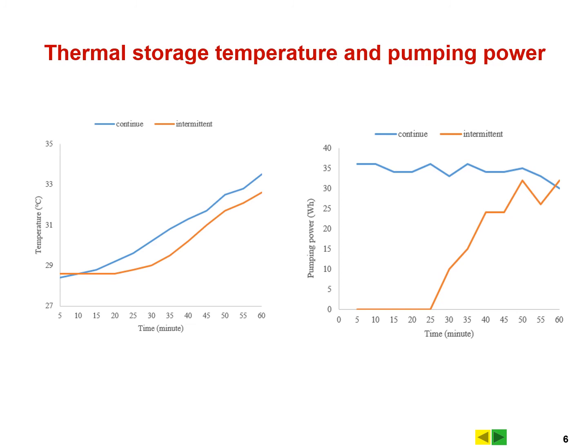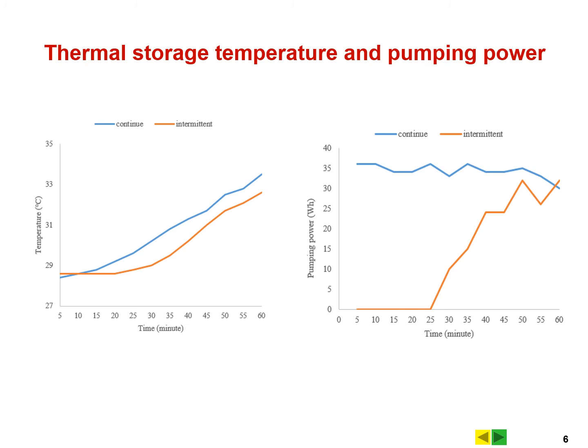Meanwhile, for the intermittent flow, the orange one, the temperature of the thermal storage tank started to increase after 30 minutes, as described in the previous figures for LMTD and heat absorbed.